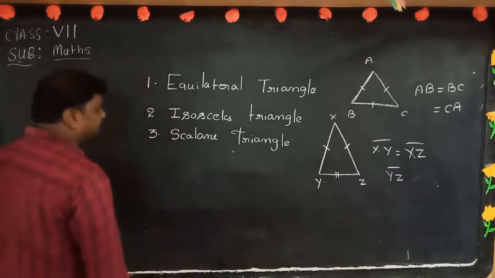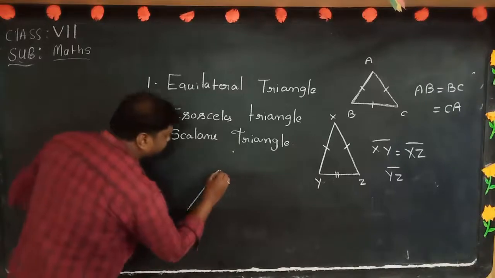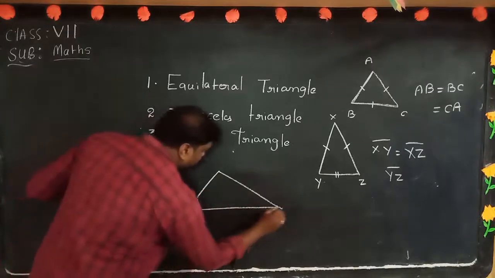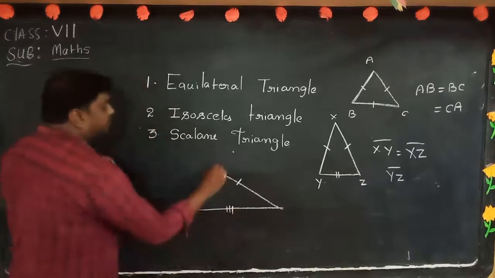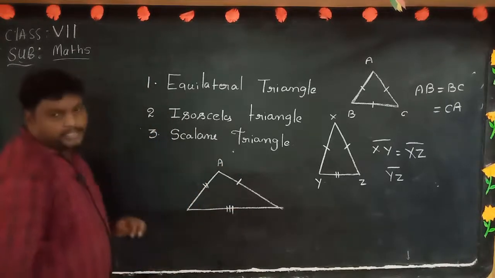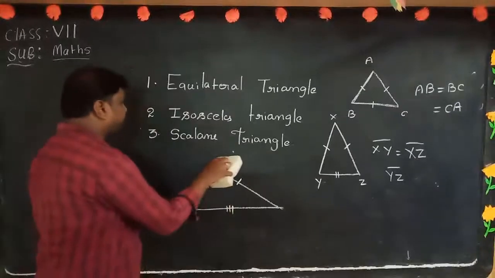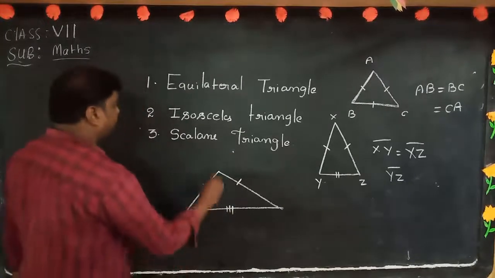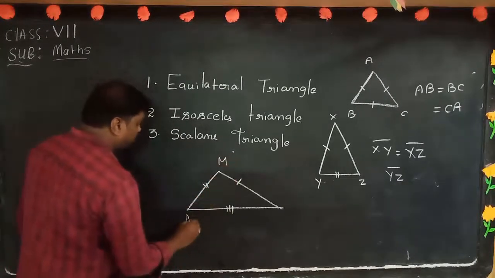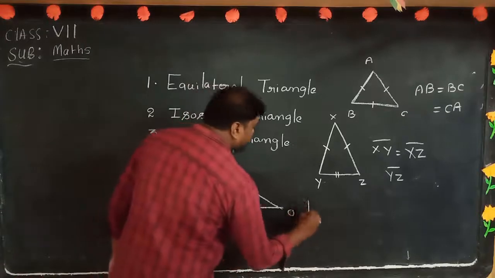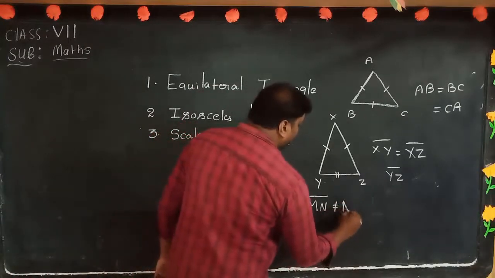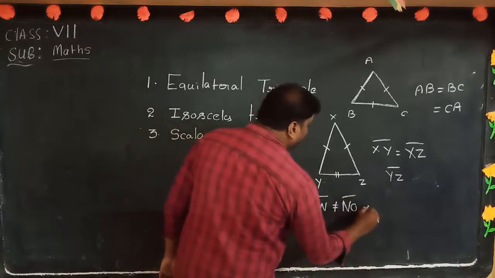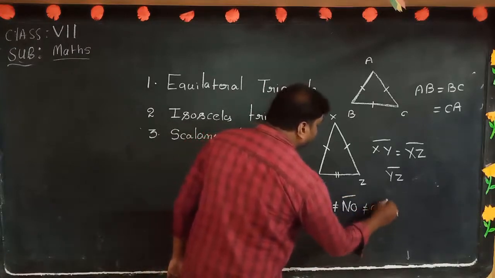Last one is scalene triangle. In scalene triangle all sides are different. We are taking M, N and O. Means MN is not equal to NO is not equal to OM.